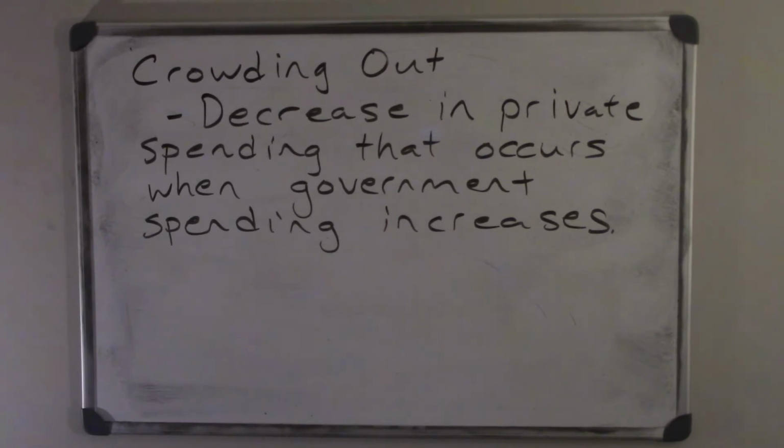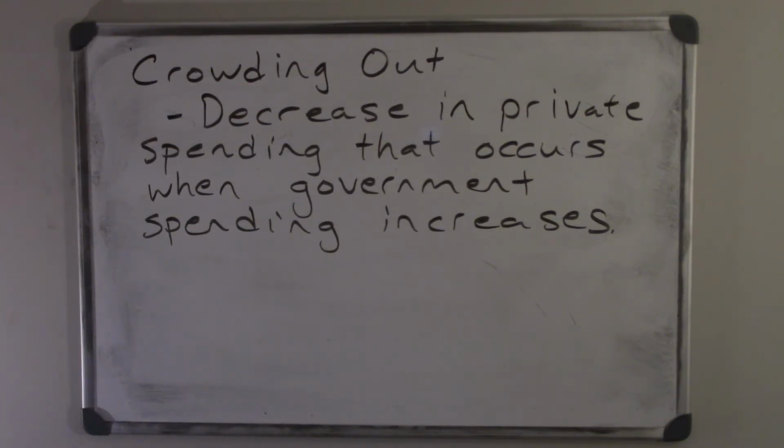So if the labor and the resources needed to construct a dam are unemployed, then there will be no crowding out. However, if the government tries to increase spending in a sector where there is full employment, so where you get these dam builders and the resources, if those were already being employed, then increases in government spending would still crowd out.